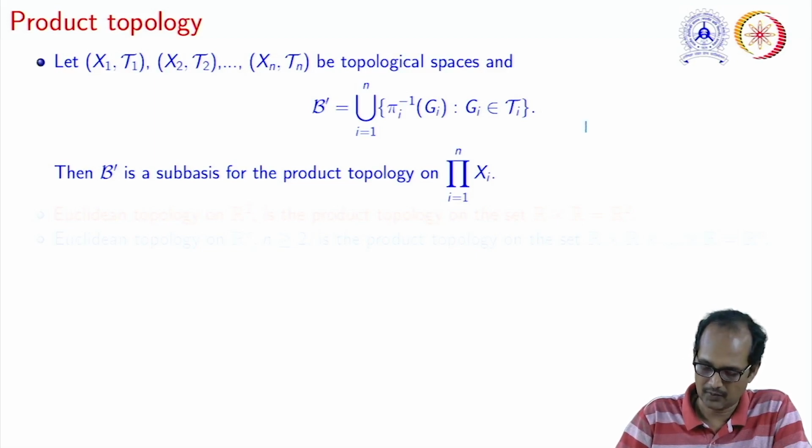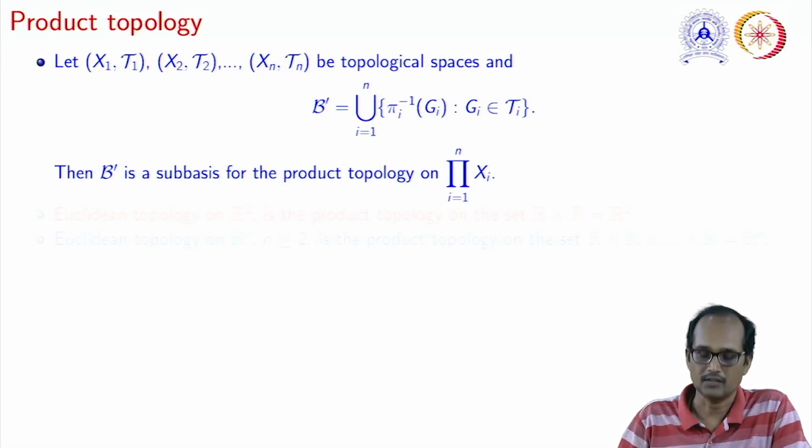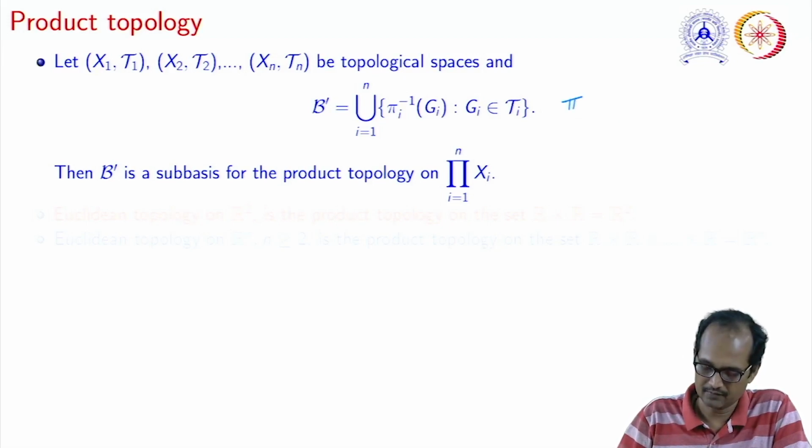Here pi i is again a projection map, defined from X1 cross X2 cross up to Xn to Xi, sending (x1, x2, up to xn) to xi.